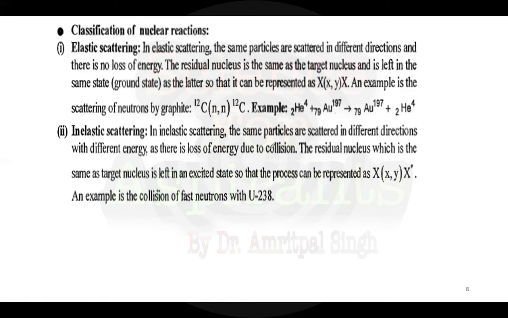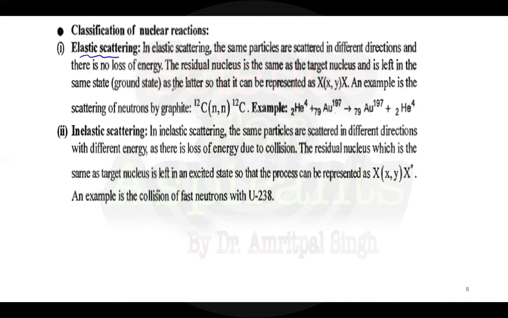So let us discuss some of the types of nuclear reaction. The first type is elastic scattering. In elastic scattering, the particles are scattered in a different direction without losing their energy. So the residual nucleus is the same as the target nucleus.